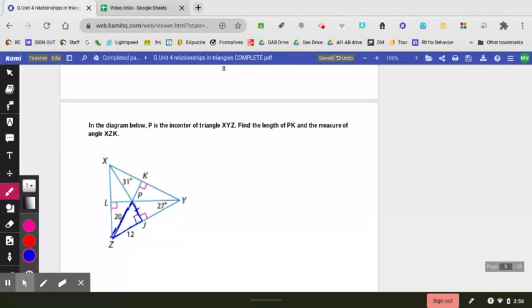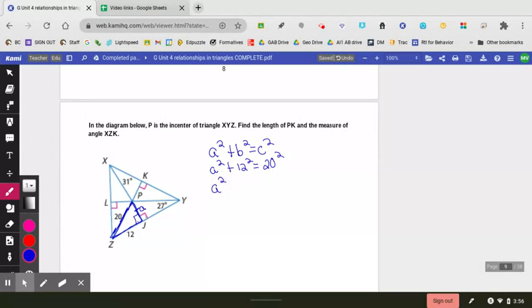Whenever I have a right triangle and a missing side, I can use the Pythagorean theorem, A squared plus B squared equals C squared. The missing side is a leg, so I'm going to call it A. My other leg is the other part that makes a right angle, so that's 12 squared, equals the hypotenuse, which is the side across from the right angle, 20 squared.